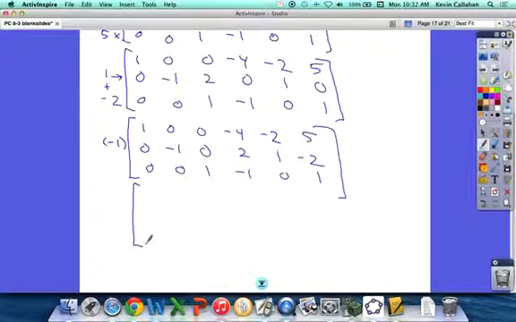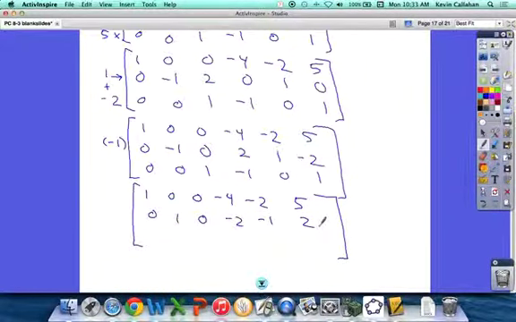And now we have our final solution: 1, 0, 0, negative 4, negative 2, 5, 0, 1, 0, negative 2, negative 1, positive 2, and 0, 0, 1, negative 1, 0, 1. So this is the A inverse.